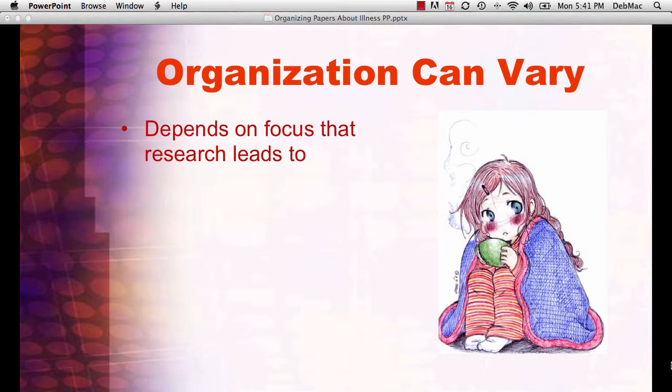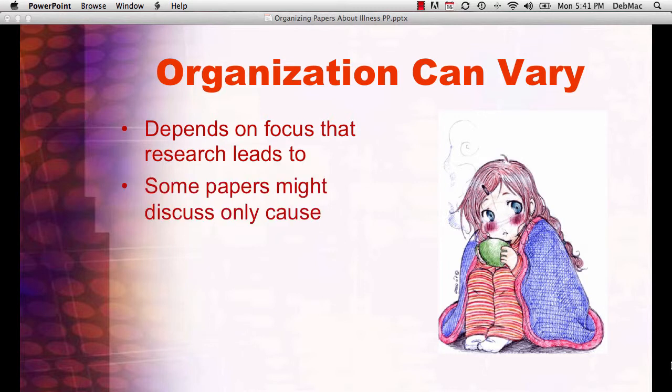As I said, the organization can vary depending on the focus that your research leads you to. Some papers might discuss only the cause of an illness. Frequently, those papers result from research that leads to either the notion that the cause is very complex or that the cause is unknown, as we will be discussing in a few moments.